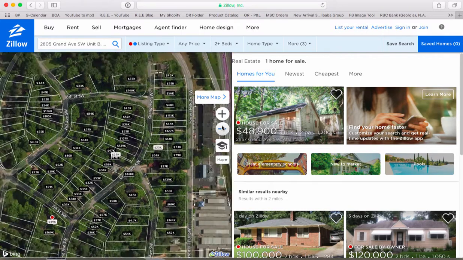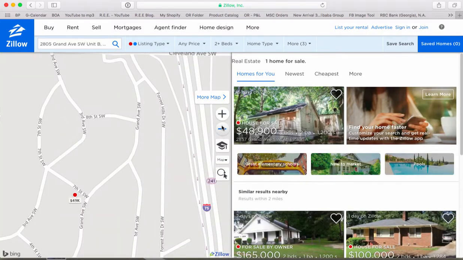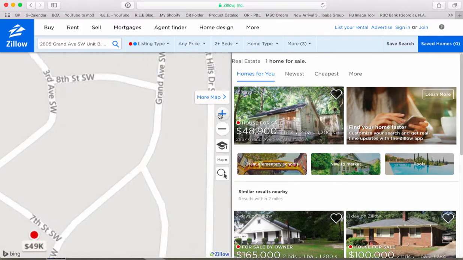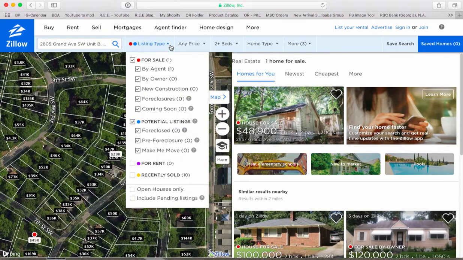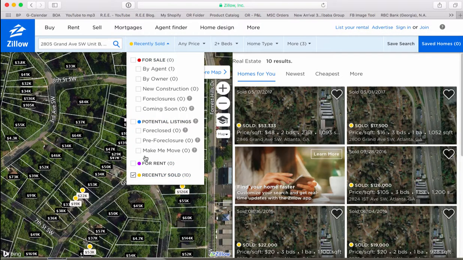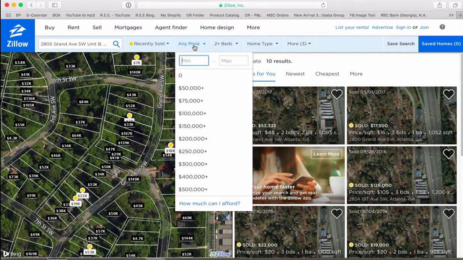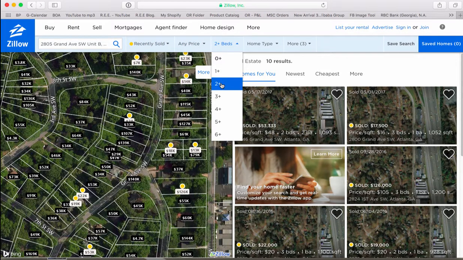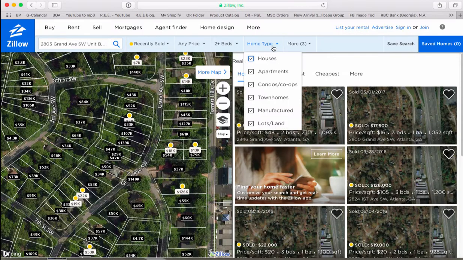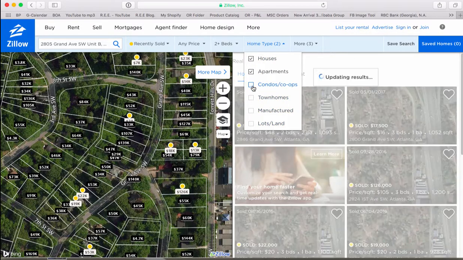But what you want to do is zoom out a little bit, and before you zoom out too far, you want to update what you're looking for. So we're looking for recently sold homes. You're not going to put the price in, you're just looking for criteria: 2 beds, home type, it's a house, so we'll unclick all that other stuff.